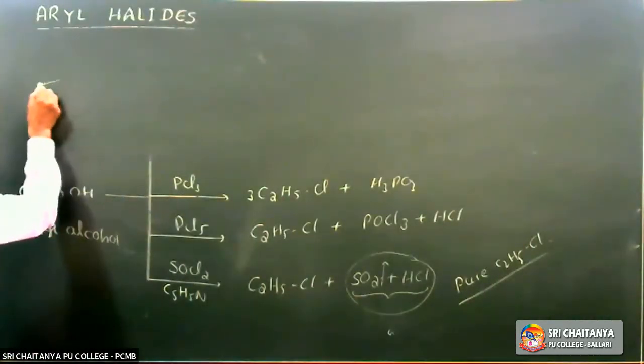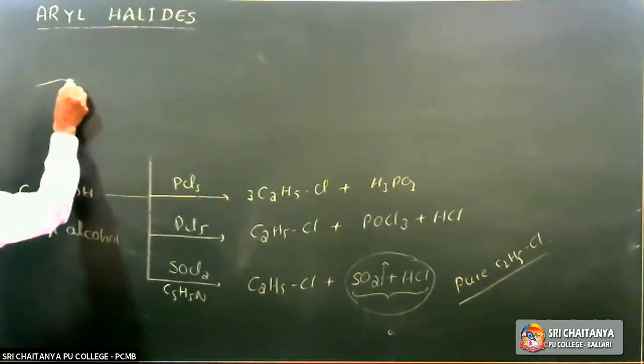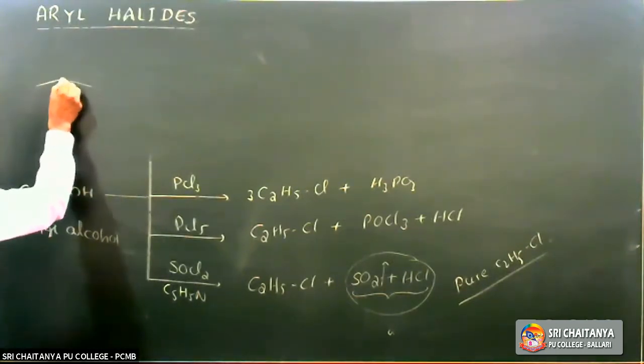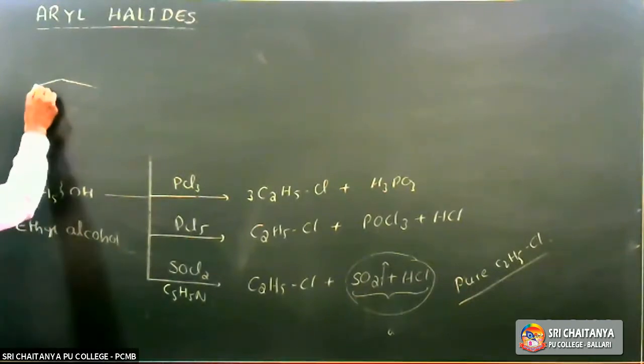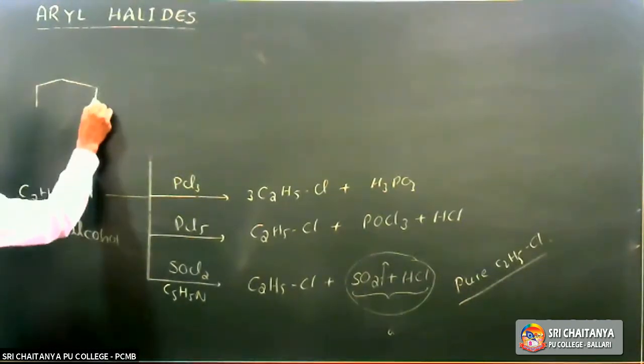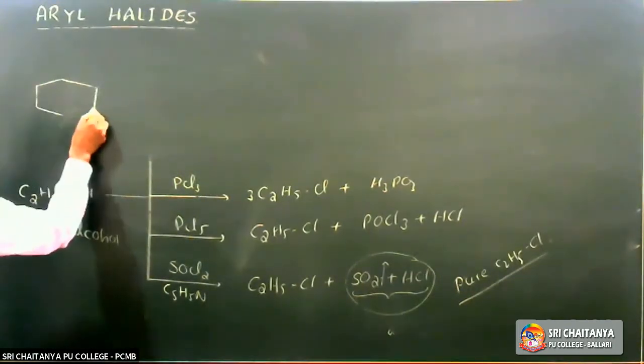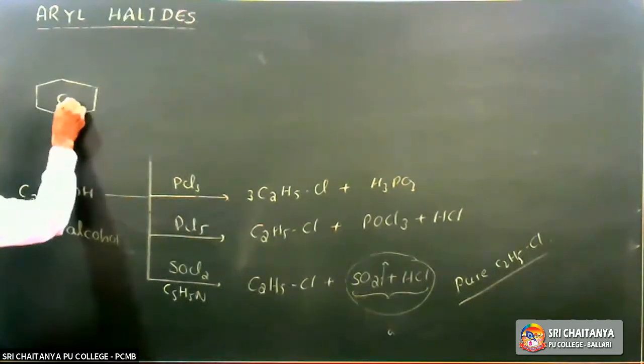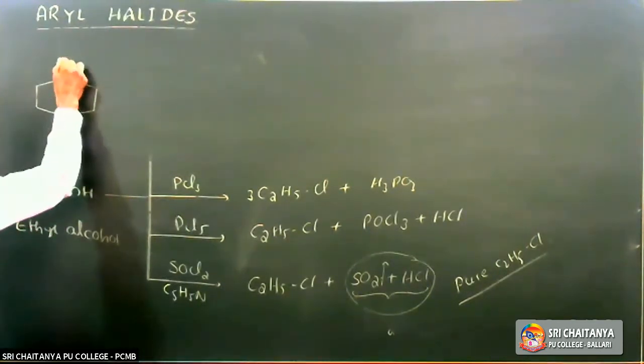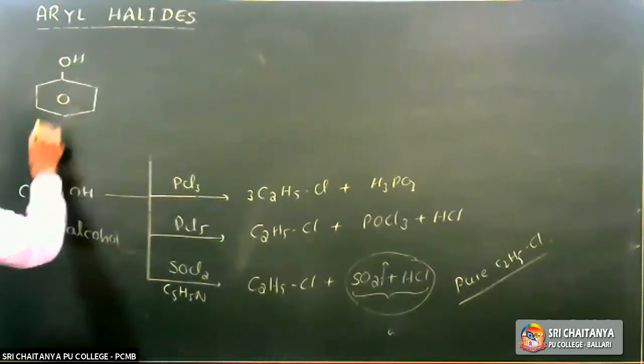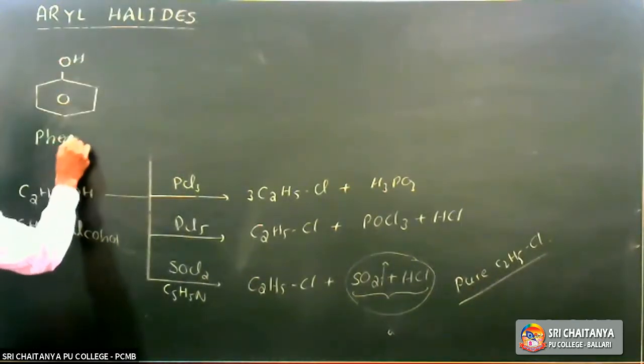To prepare aryl halides, instead of ethyl alcohol, suppose we take phenol. Benzene ring is attached with OH. It is called phenol.